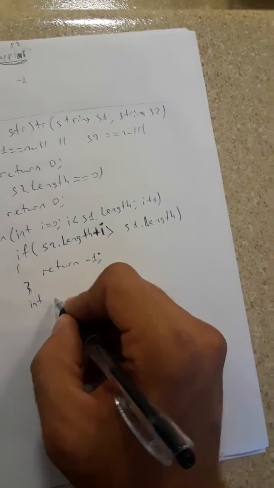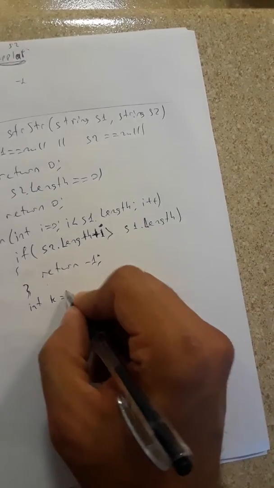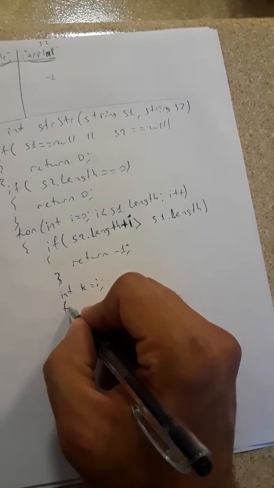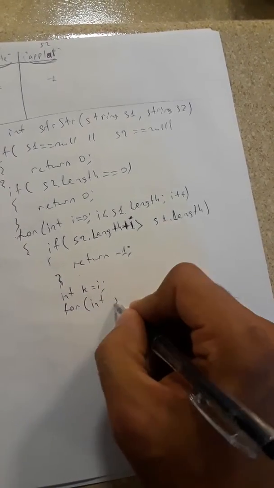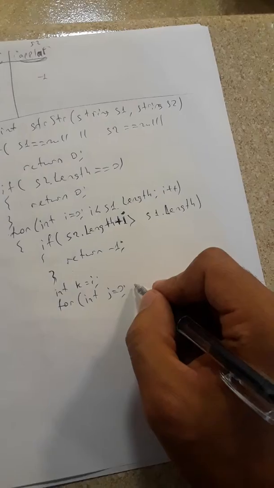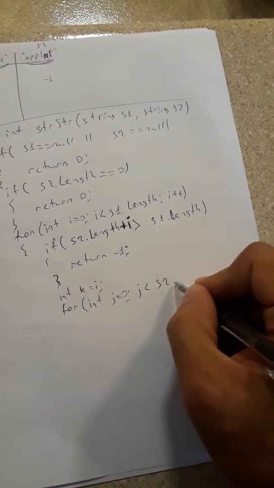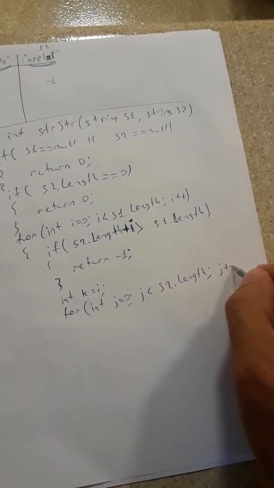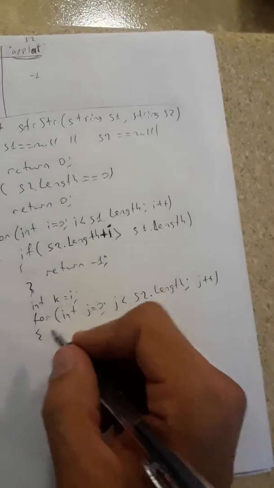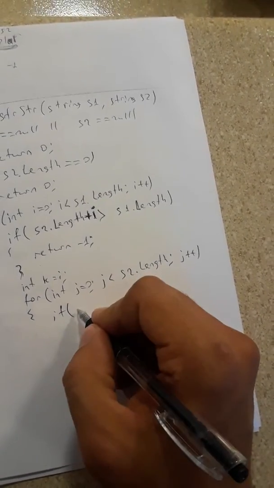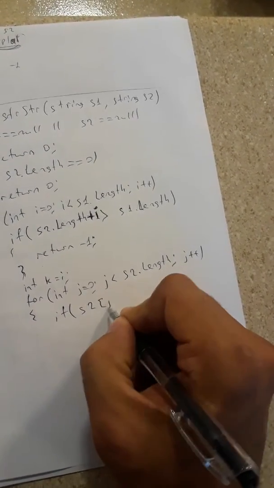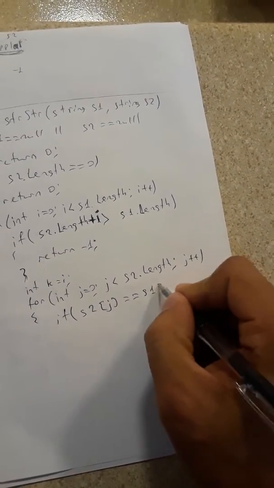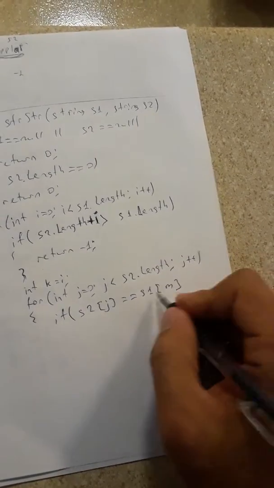Then we'll declare an integer k equal to i, and from that we'll initialize another for loop with the j variable, which will go through all characters in the second string. And from that point we'll keep comparing characters from both strings. So for indexing we'll use m.